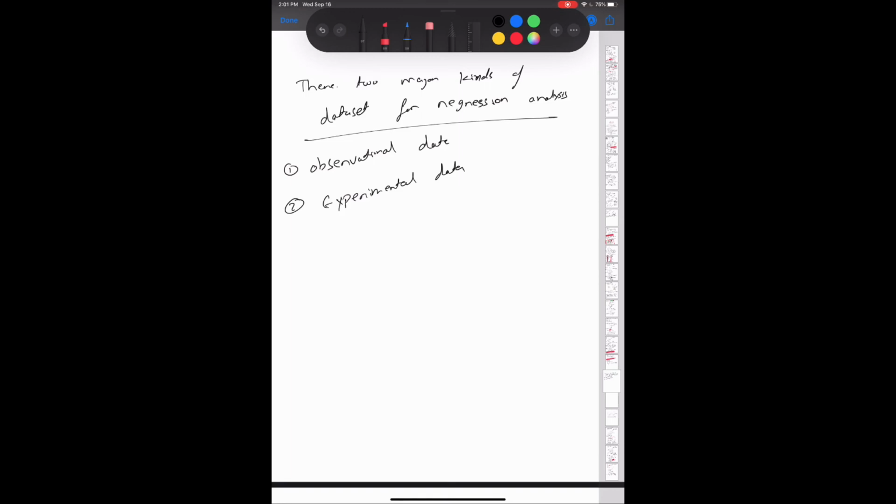What is observational data? Observational data are data where we can't control the value of x.